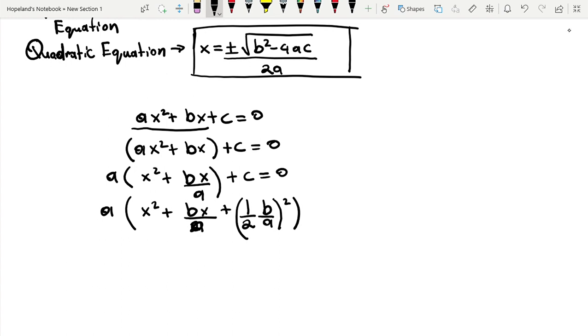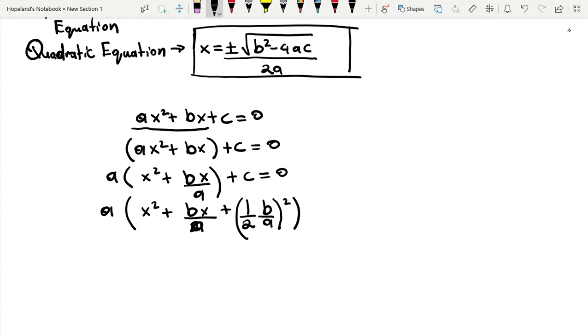Put another parentheses there. Since you basically added half b over a squared to the equation, you have to subtract it away as well.